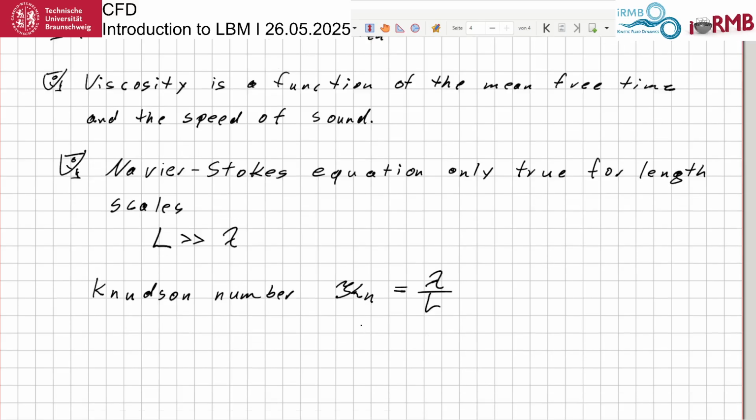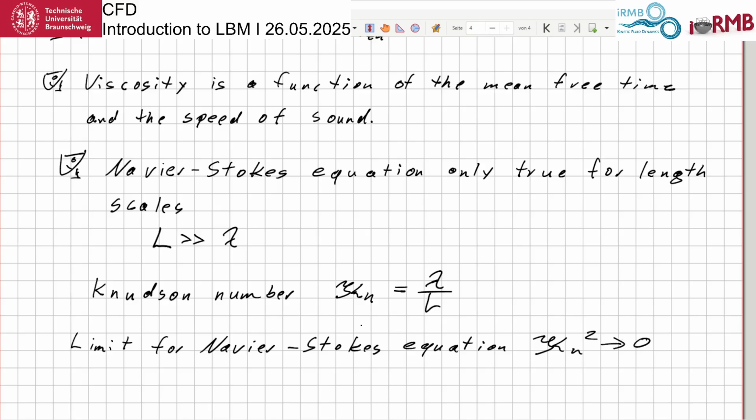So, in the limit in which you derive the Navier-Stokes equation. If you're interested in actually doing this, you can come to my lecture in the winter term. There I really do the derivation. So the Knudsen number squared has to go to 0.